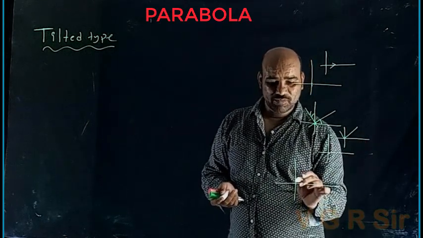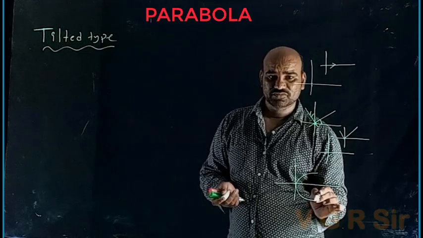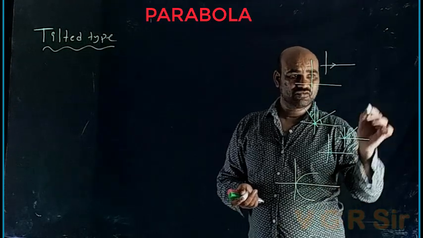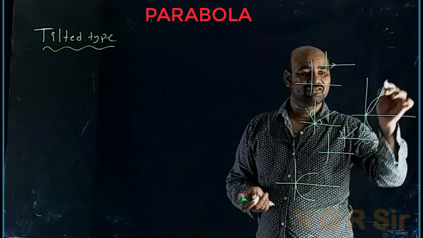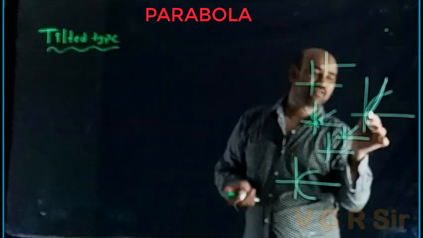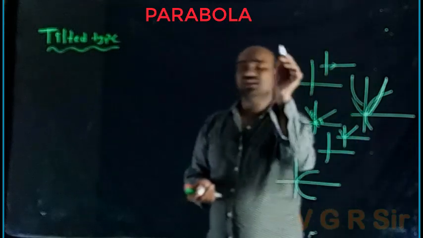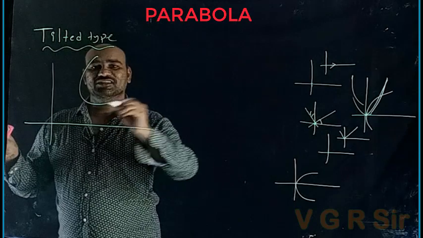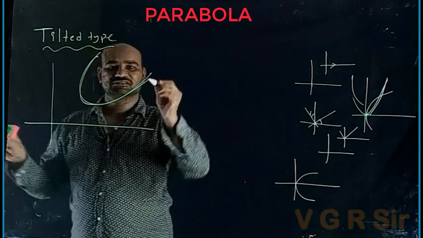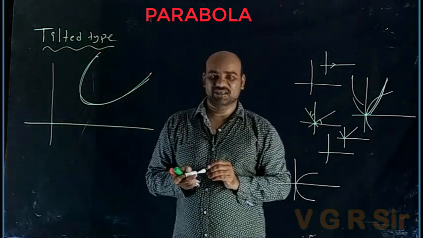First, for example, a parabola is there. For example, I translated it to here. After that, some angle rotation. So what happened? The general form, general coordinate plane, will be like this, for example. So this is said to be the tilted type.